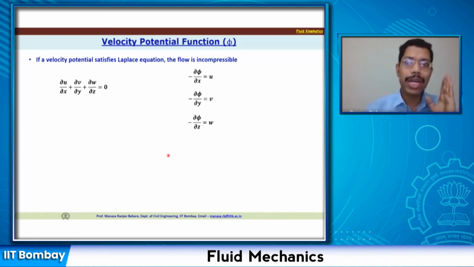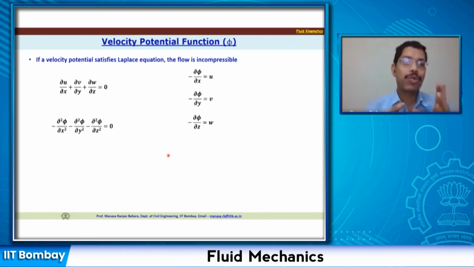If I substitute that, I can write down minus dou square phi by dou x square minus dou square phi by dou y square minus dou square phi by dou z square. So here dou square phi by dou x square, dou square phi by dou y square, dou square phi by dou z square will give rise to 0.